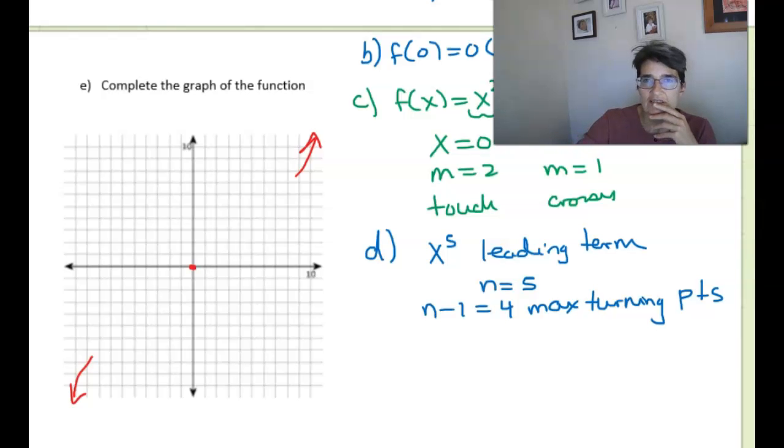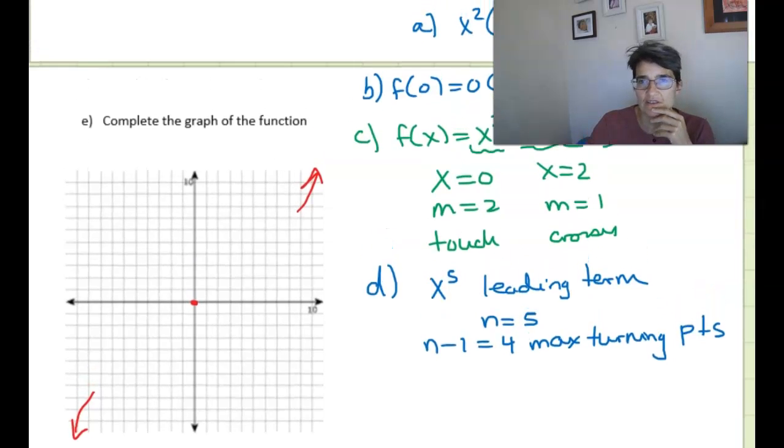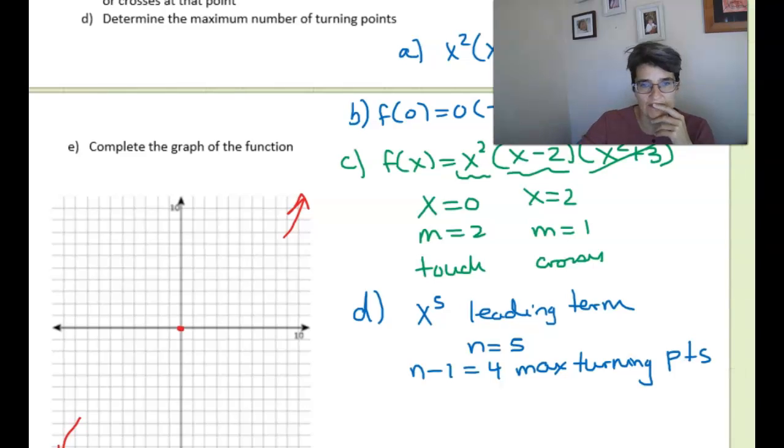Alright, let's try to sketch this. So let's go back to our zeros. So x is 0, multiplicity of 2, so there's a touch and turn, right? And then at x equals 2, there's a 0, but it crosses through.